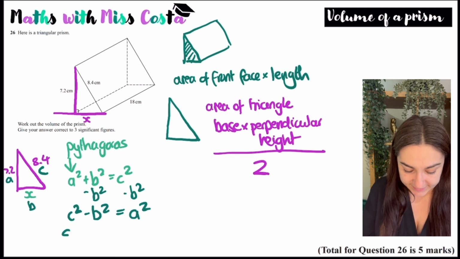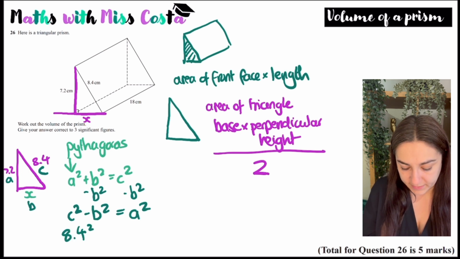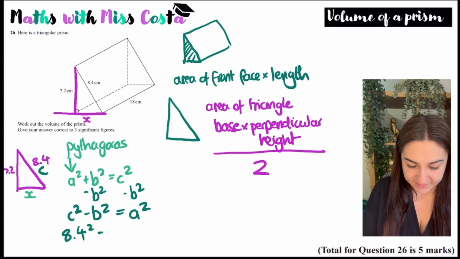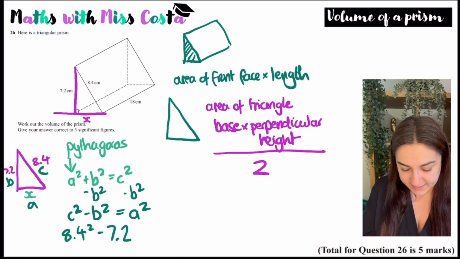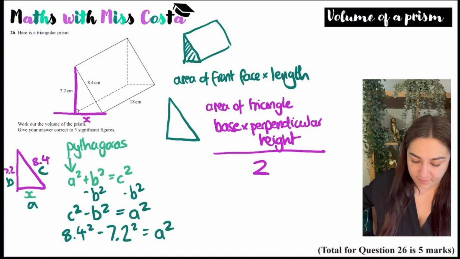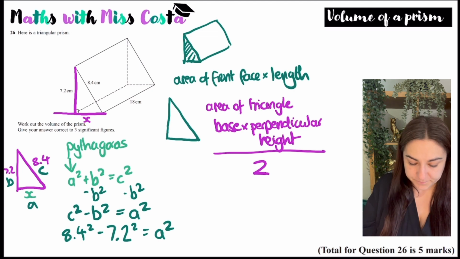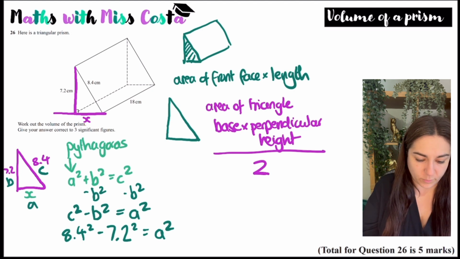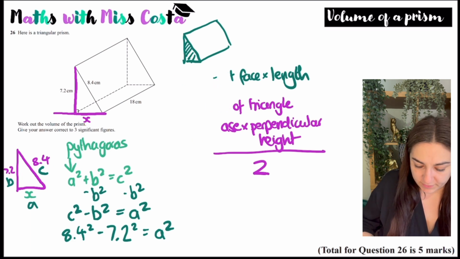And in this case, c is going to be 8.4. So I do 8.4 squared, take away, let's just switch these around actually, because otherwise that doesn't make sense. Like I said, it doesn't matter which one's which. So 8.4 squared, take away 7.2 squared is going to give me a squared. So if I type that into a calculator, 8.4 squared, take away 7.2 squared gives me 18.72.